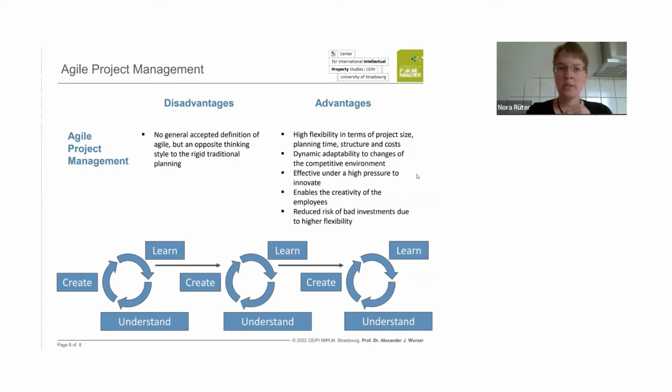There's one disadvantage, because there's no generally accepted definition of Agile. What is Agile is, as I said, not defined, but it is an opposite thinking style to traditional planning, because you just interact with what will happen and what you have to improve.